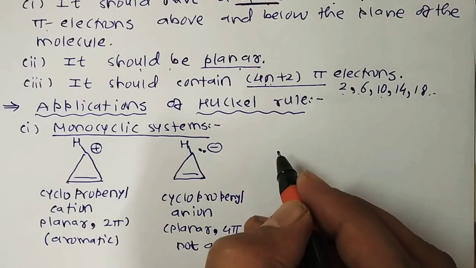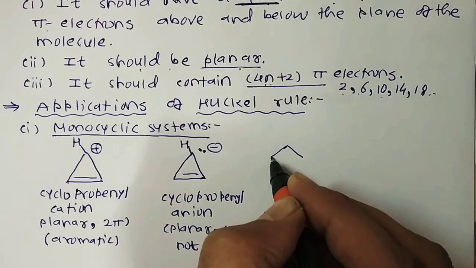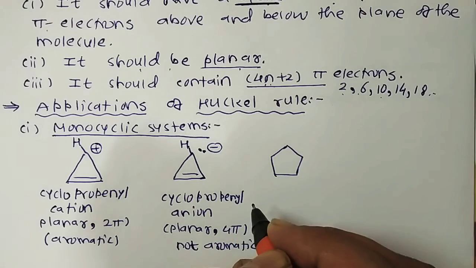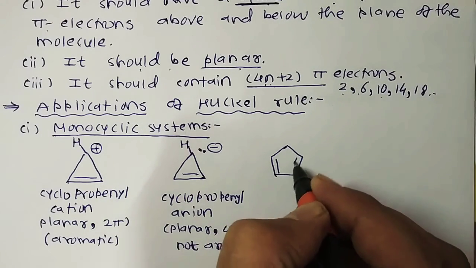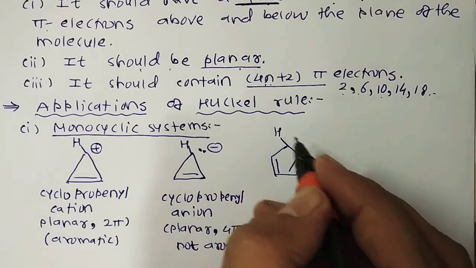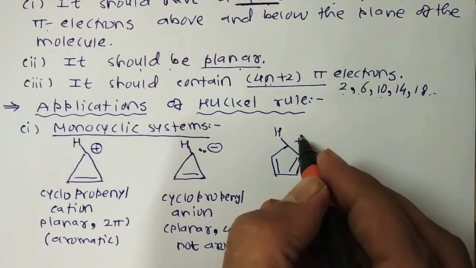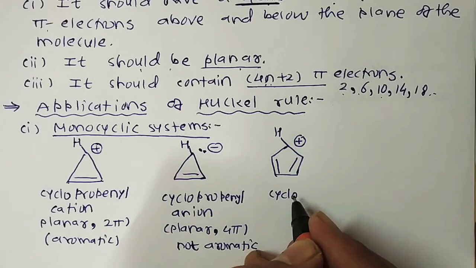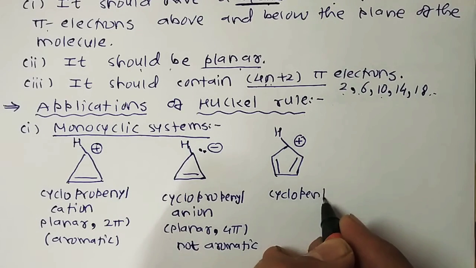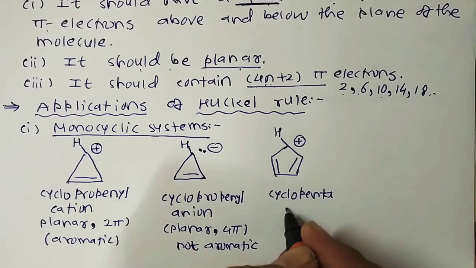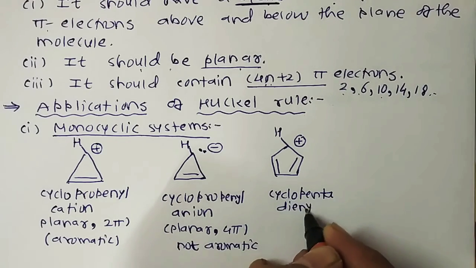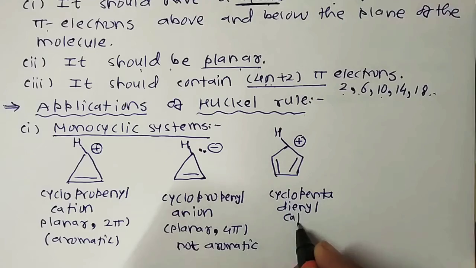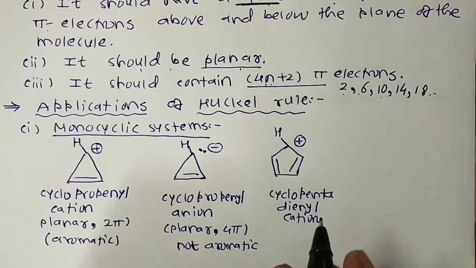Another example is like that. For example, if I have a structure like that, H plus. So it's cyclo in nature. Yes, definitely cyclo in nature. So it's a cyclopentadienyl cation. Okay, it's planar.